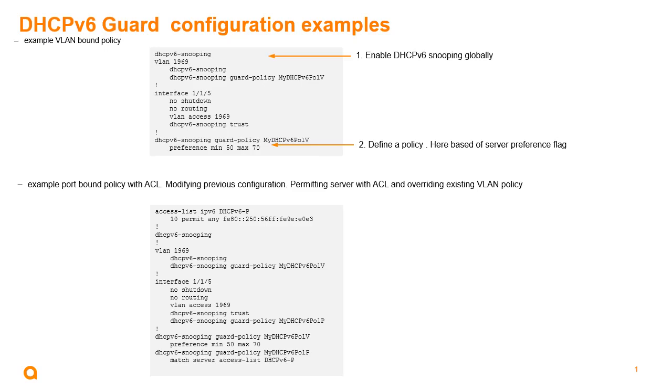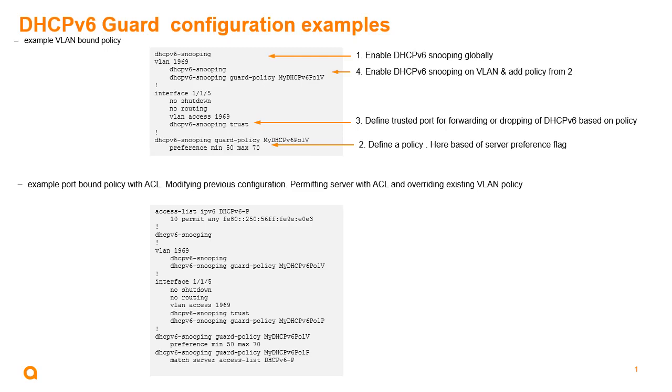Here we've based it on the server preference flag. Step 3 is to define a trusted port for forwarding or dropping of DHCPv6 packets based on the policy. The last and final step is to enable DHCPv6 snooping on the VLAN and then add the policy that we created in step 2.